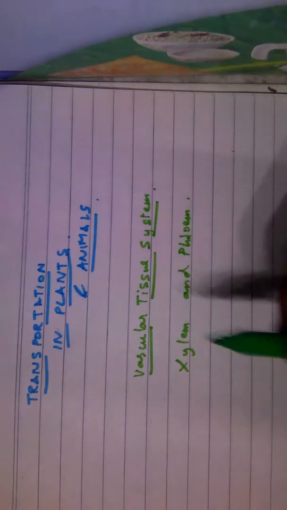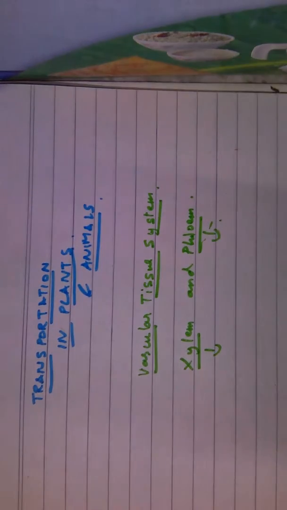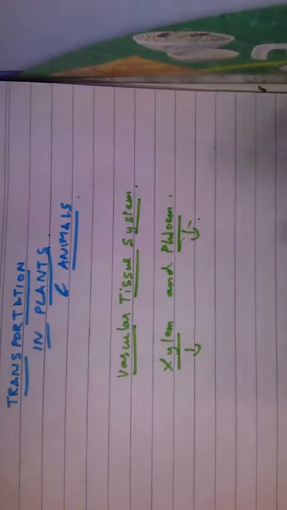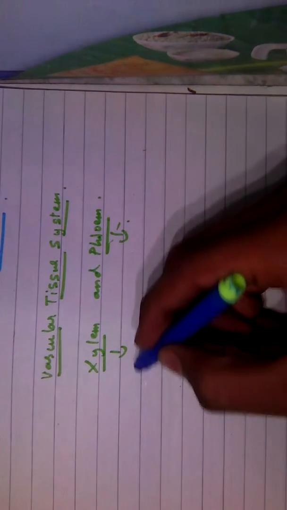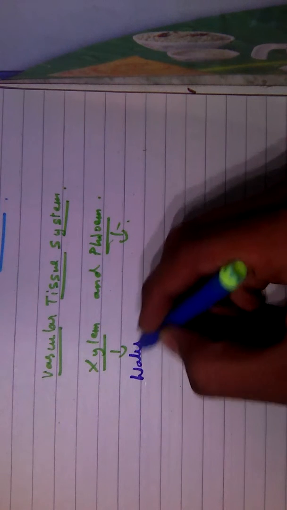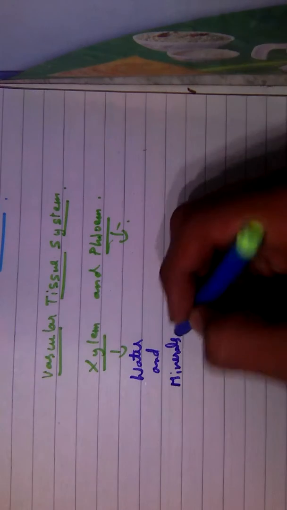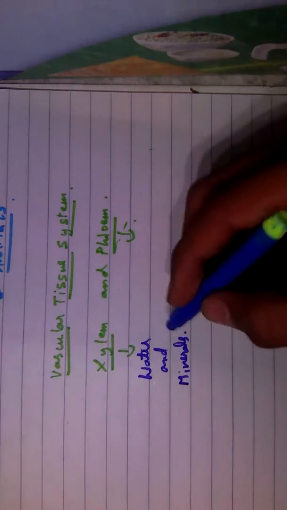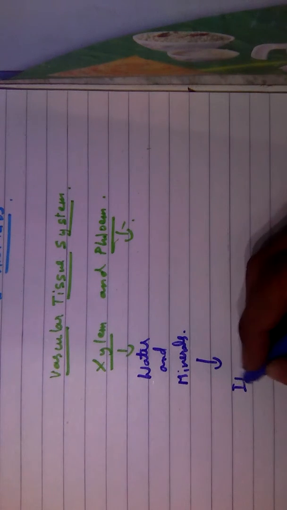In xylem, wait a minute, let me change the color. Okay, I'll choose this color. Xylem carries water and minerals to all parts of the plants, and it's unidirectional.